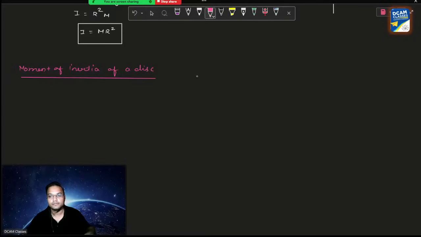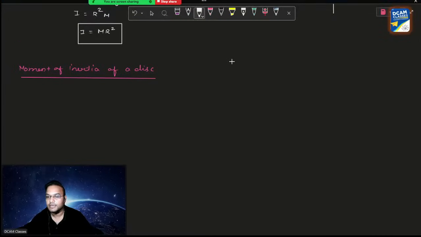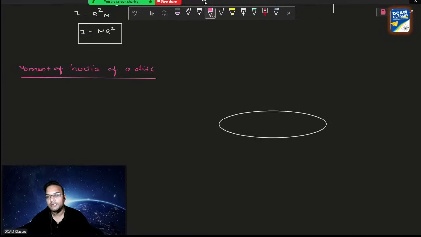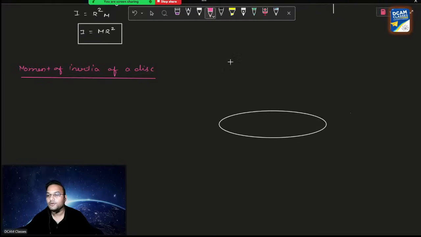We will break the disk into rings. Good. We'll break the disk into rings and then find the total moment of inertia by integrating. Now, since you have told me the way, can you proceed by yourself? Try to do it by yourself.